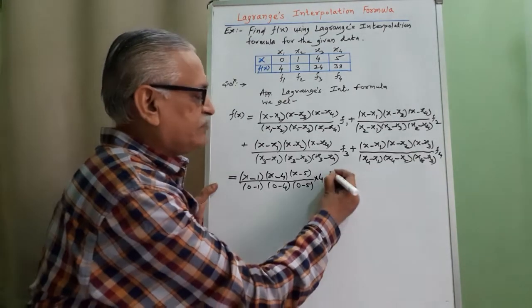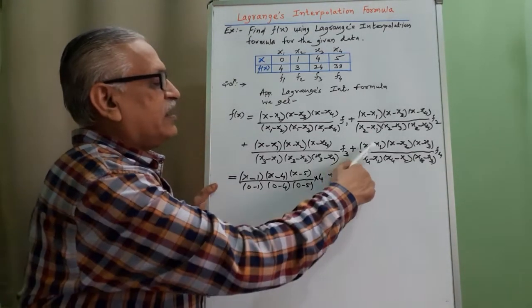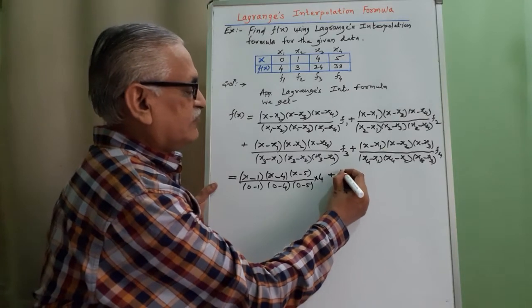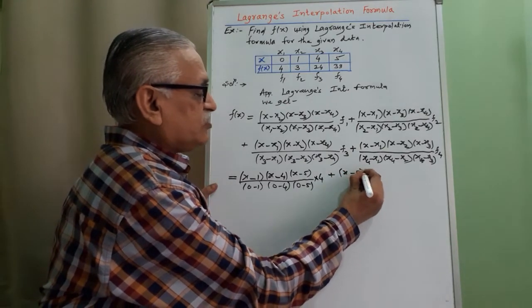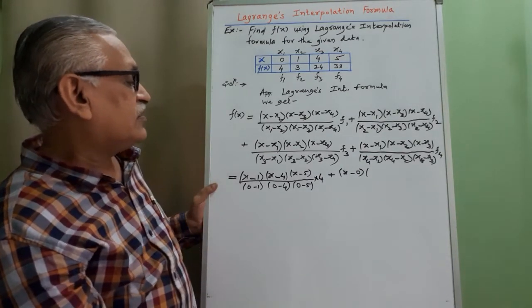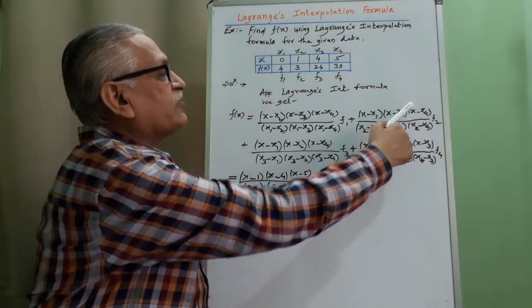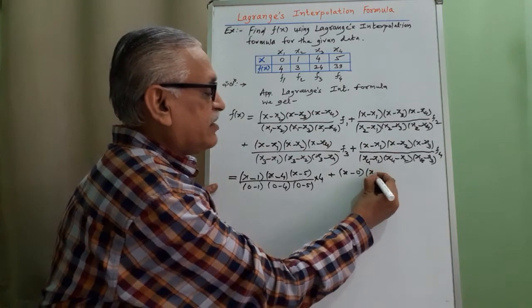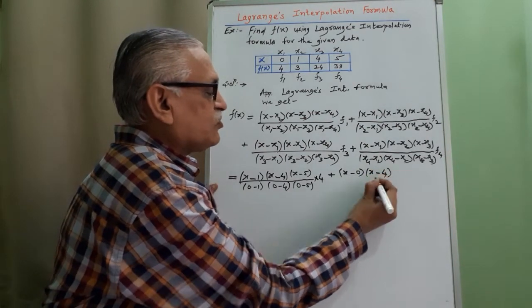Then the second term: x minus x1, x1 is 0. Then x minus x3, x3 is 4.